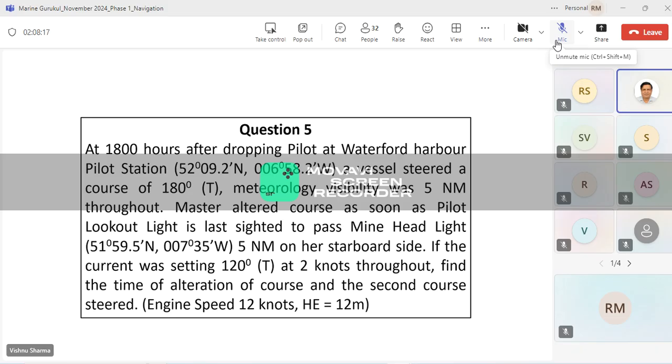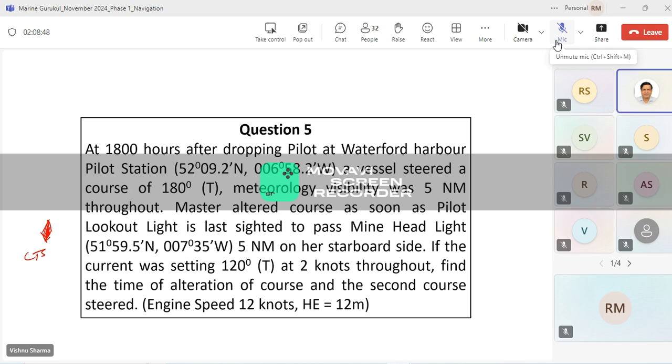Let's look at question number 5. At 1800 hours, after dropping pilot at the Waterford Harbour pilot station, you all know on the chart, pilot stations are represented by these diamonds. The center of the diamond is the position of the pilot station. A vessel steered a course, so CTS is given, 180. Meteorological visibility was 5 miles.